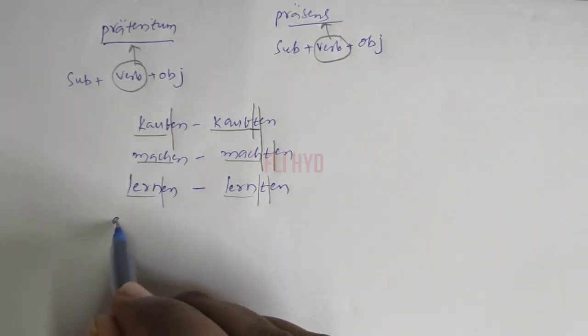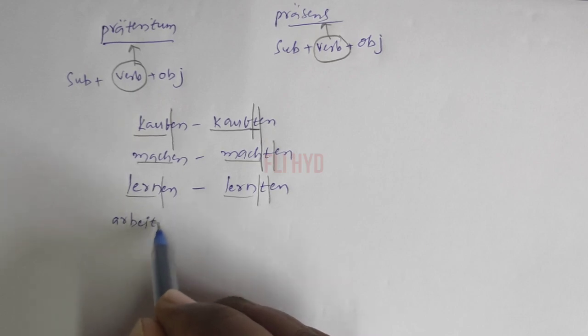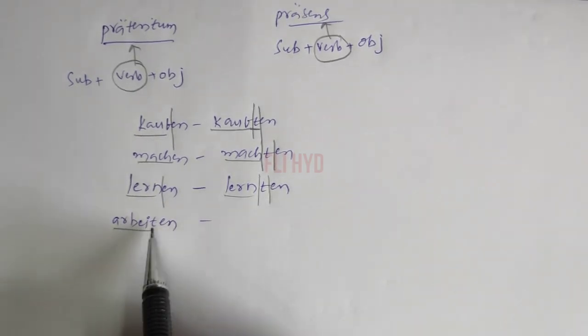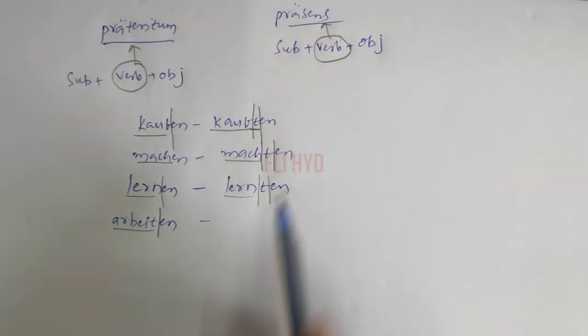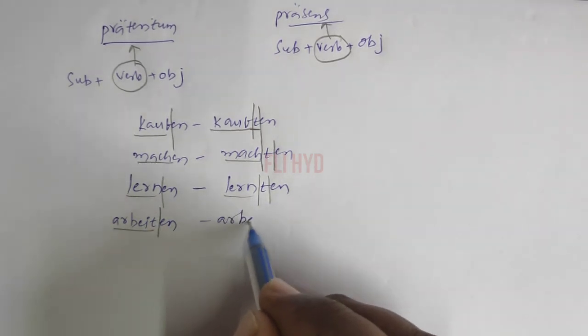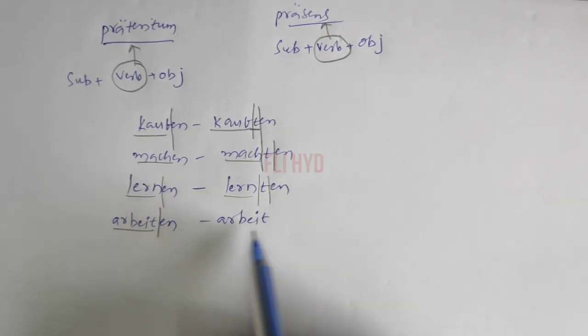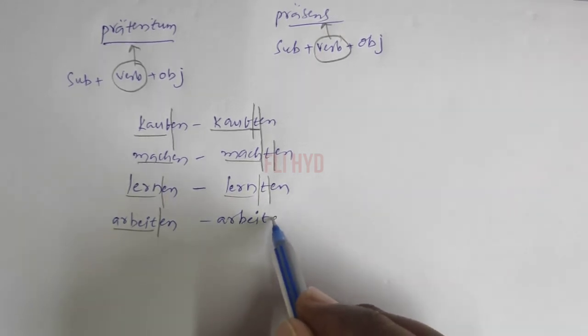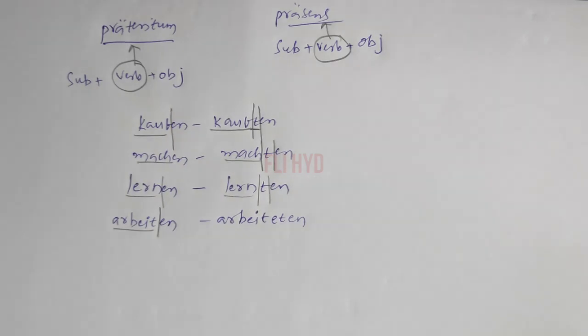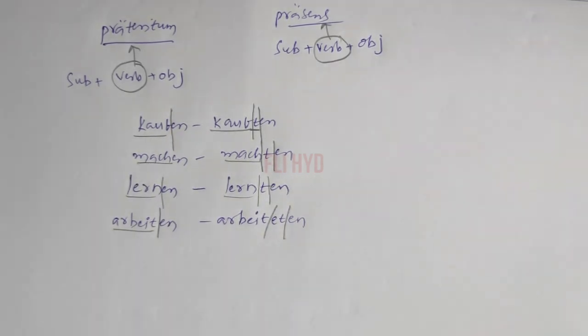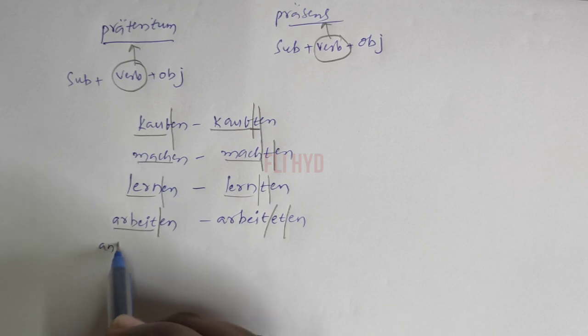And for example, arbeiten. This is also a weak verb. What is the stem here? Arbeit. We make stem plus t plus en, but the stem already ends with t, so in this case we add et. So arbeiten, past tense arbeiteten. And antworten.